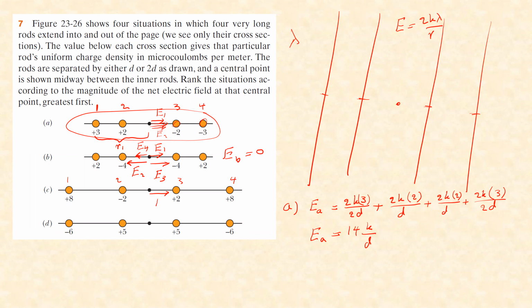Rod 1 creates E1 because it is positive, and away from it. Rod 2 creates an electric field toward it, this way, E2, maybe larger because closer. Rod 3 creates an electric field away from it, the same as E2.